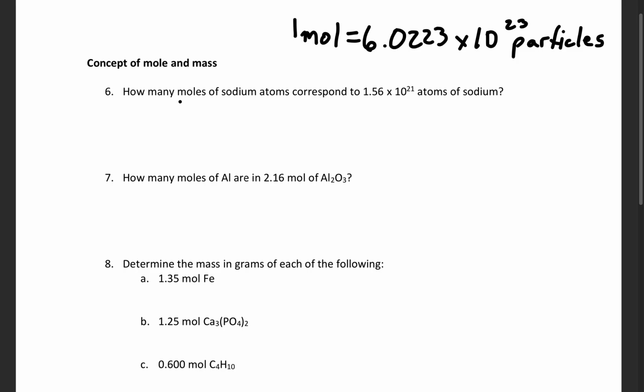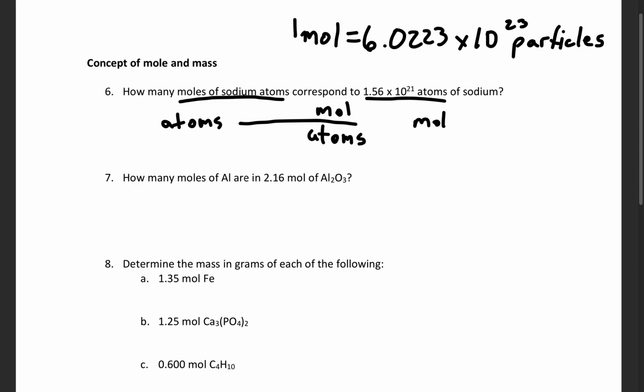So if it says how many moles of sodium atoms correspond to 1.56 times 10 to the 21st atoms, we're going to go from atoms to moles, and we know that we need atoms to cancel out and we need moles to be left behind.